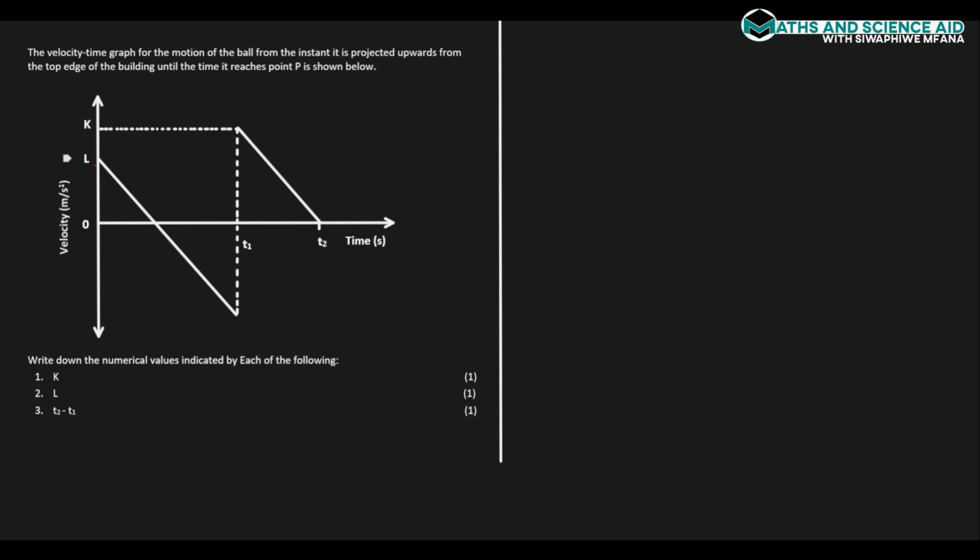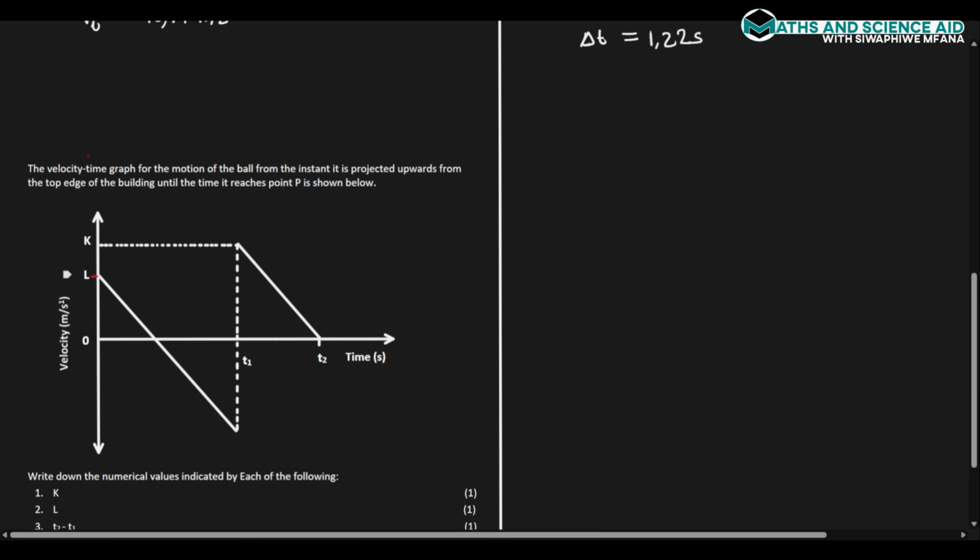Well, we simply need to understand this graph. As already stated, it's a velocity time graph. So at time equal to 0, the velocity of the ball was L. So what must this be? It has to be the velocity at which the ball was thrown vertically upwards while it was still at the top of the building.